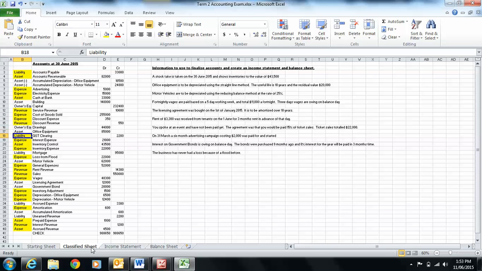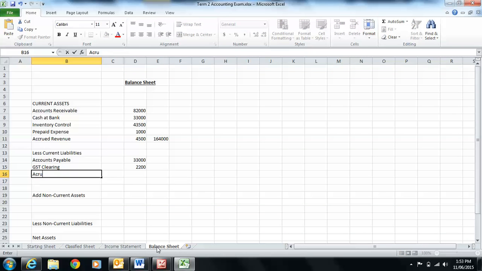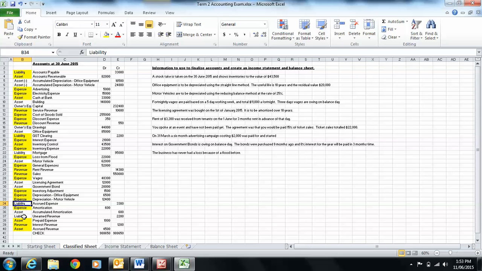If we go through, the mortgage is not considered a current liability. However, accrued expense and unearned revenue both are. So an accrued expense of $3,300 and unearned revenue of $2,200.